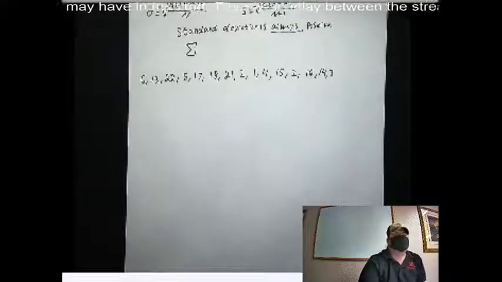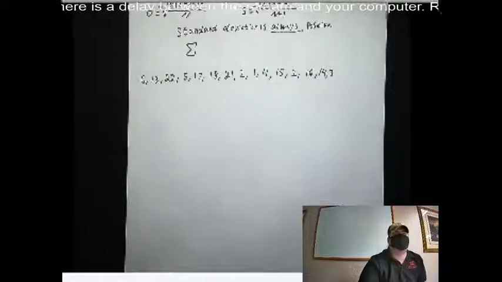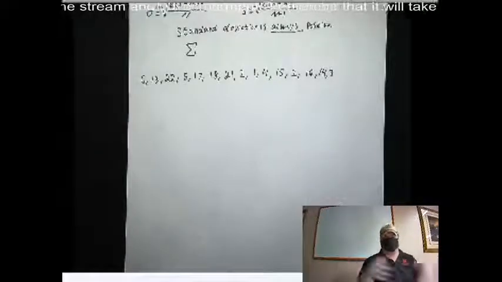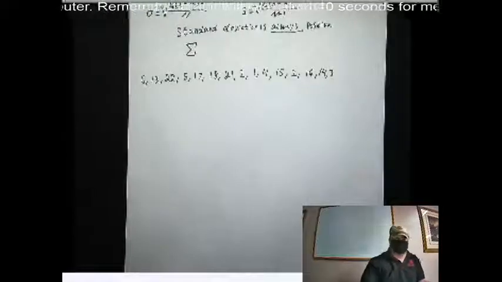First of all, if we want to know distances and relative locations of different points in our data, we're going to need to have these sorted out from least to greatest so that they're actually in some kind of relation to each other. So let's go ahead and sort this out from least to greatest.